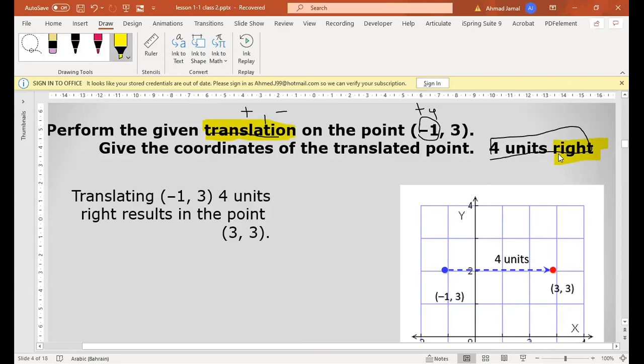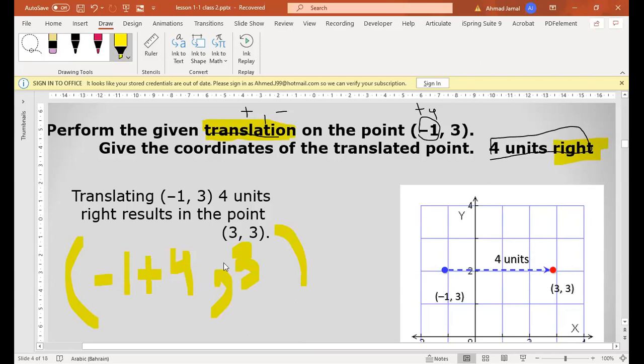Right uses positive, but left uses negative. So if we have the point (-1, 3), I will add 4 in the x coordinate and keep 3. Then find the answer: negative 1 plus 4 is 3, and 3. This is the first idea for my lesson.